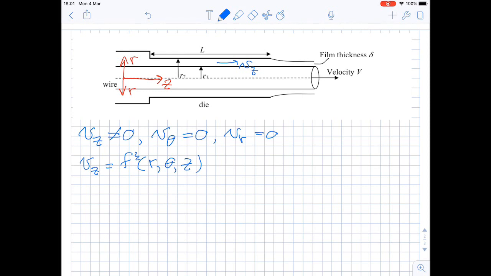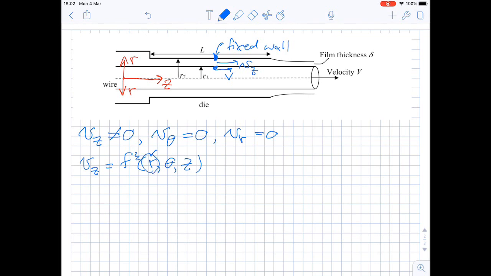And you should find at least here, at this point, Vz is supposed to be 0 according to the no-slip condition, because this wall is a fixed wall. It does not move. On the other hand, at this point, the velocity of the rod or of the wire is moving with the velocity capital V. So that means the velocity of the fluid, Vz, is for sure a function of r.